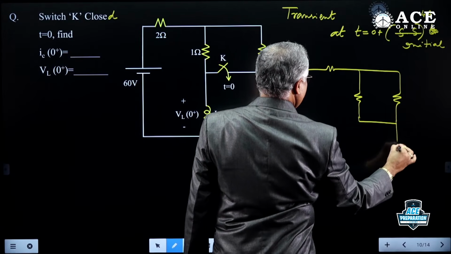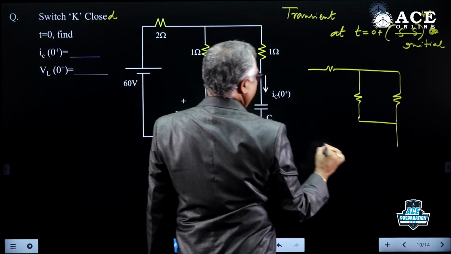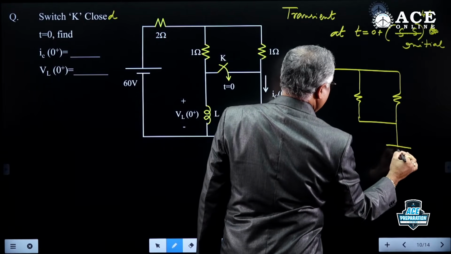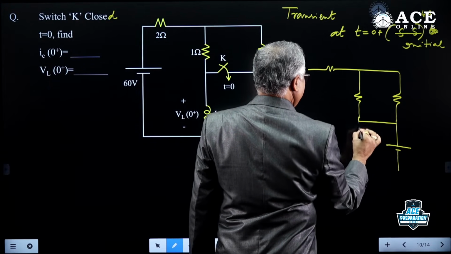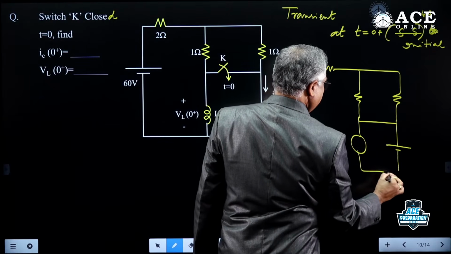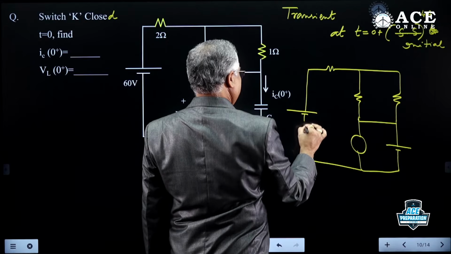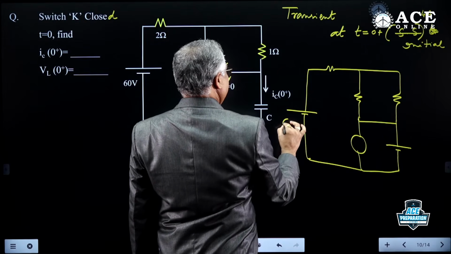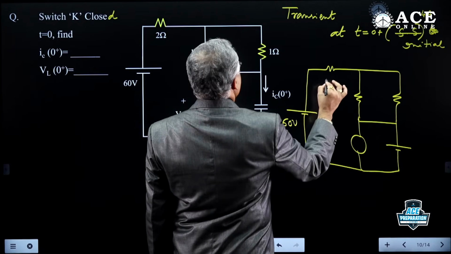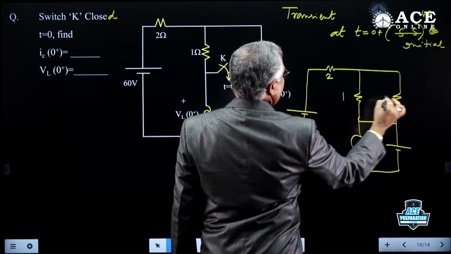The switch is closed. Replace the capacitor with a voltage source VC(0+) and the inductor with a current source, keeping 60 volts as it is, 2 as it is, 1 as it is.